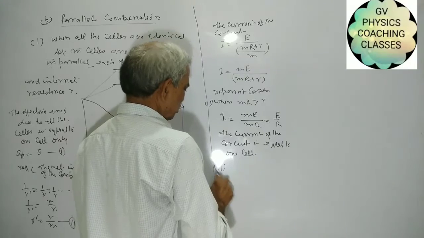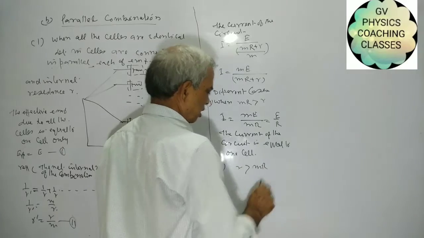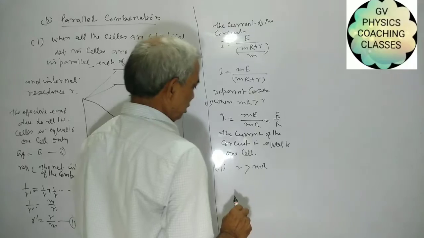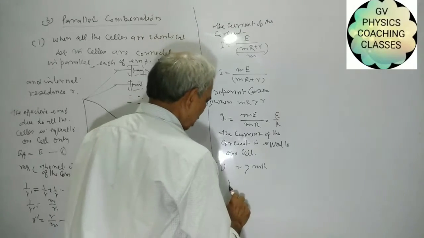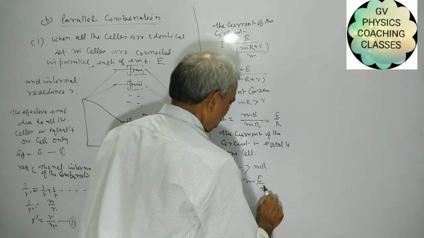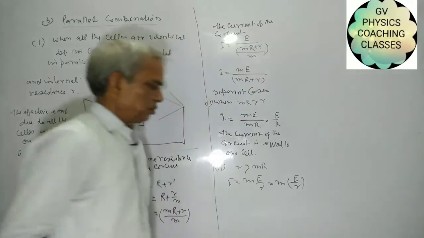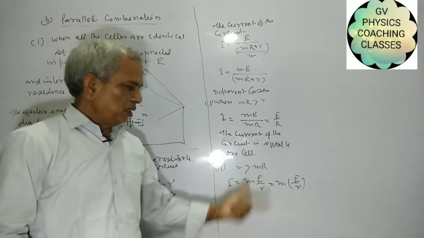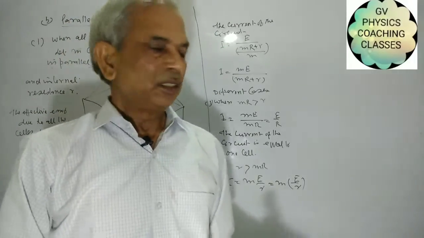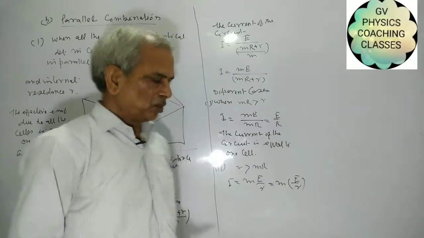Case second, R is greater than MR. Then I equal to M into E upon R. So the current will be the number of cells connected in the circuit multiplied by the current of one cell.